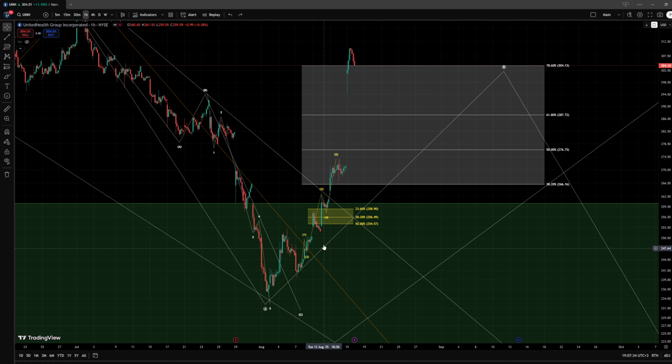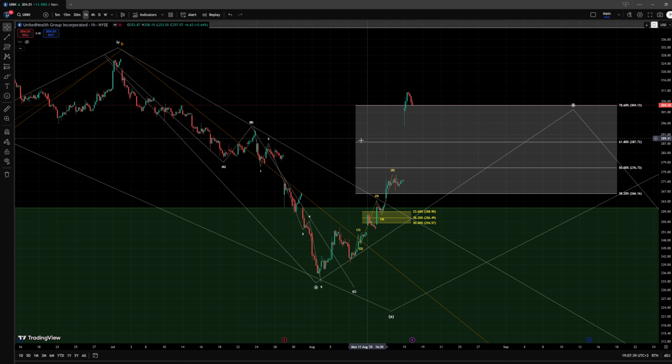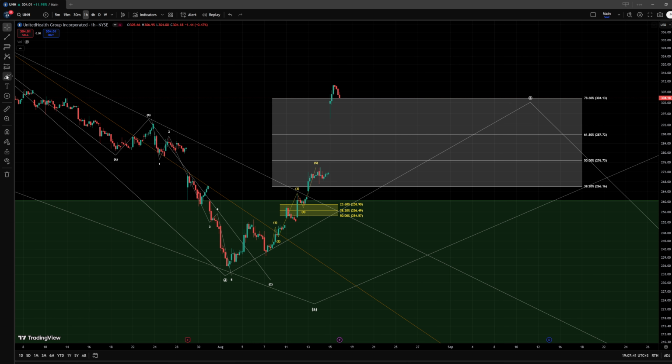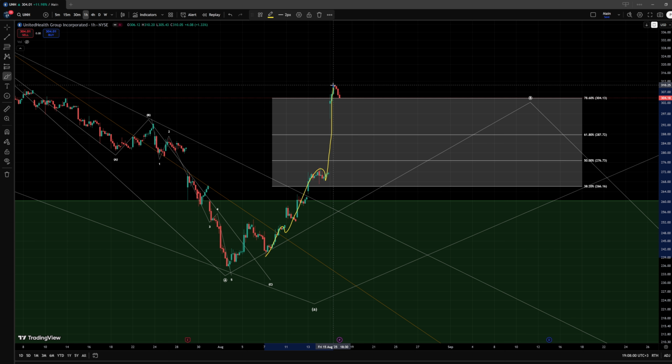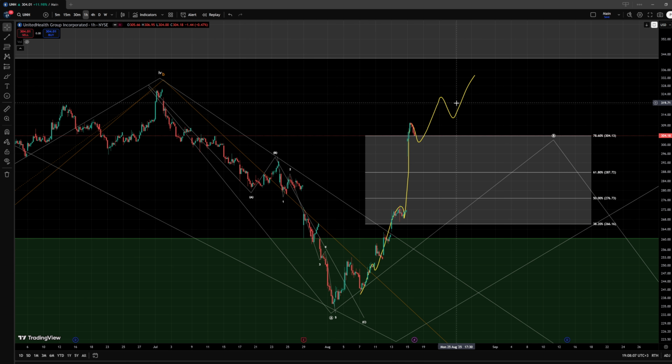Now, based on how the structure actually developed, I wouldn't necessarily call this as the count that I gave in the previous video, but it could be maybe something slightly different, where we had here maybe a wave 1 up, a wave 2 down, and then another 1-2 setup, and then this would be the third wave to the upside, and now we would be looking for a fourth and a fifth, and then probably another fourth and another fifth to complete this movement.